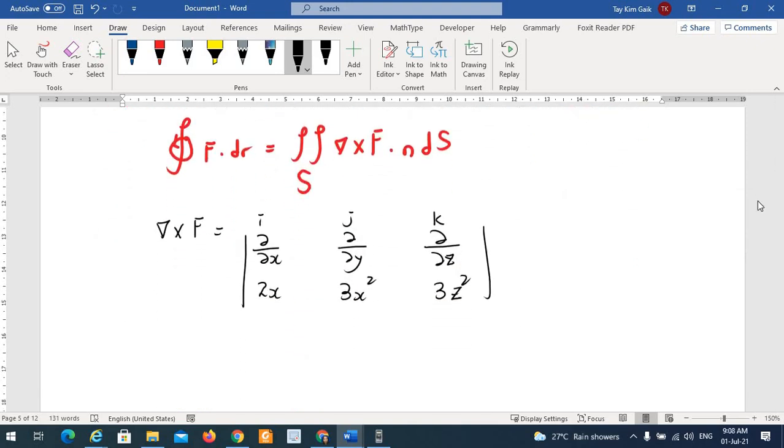Then you do the cross product of a vector. The result is a vector. So your vector should have the components i, j, k.